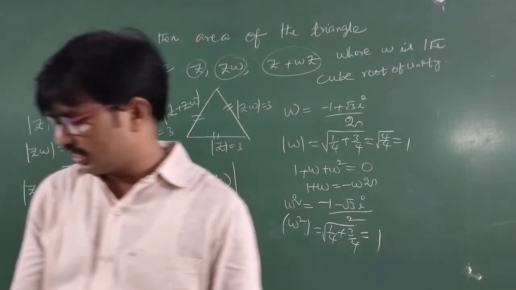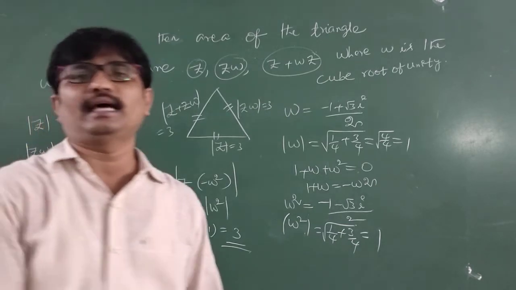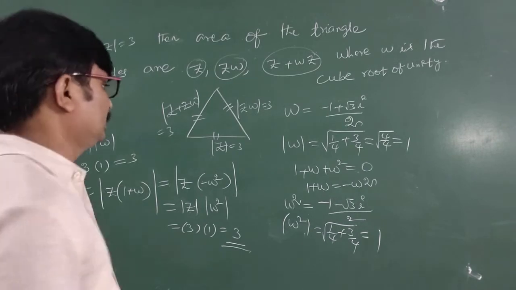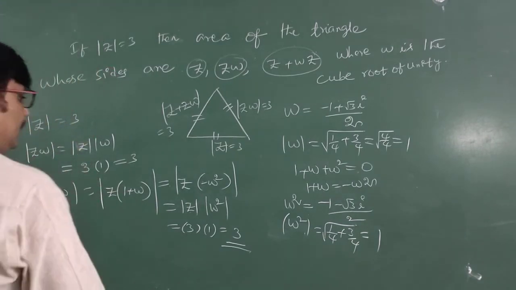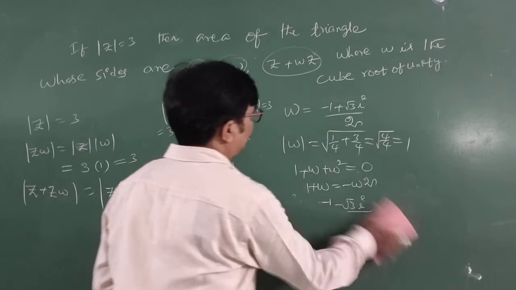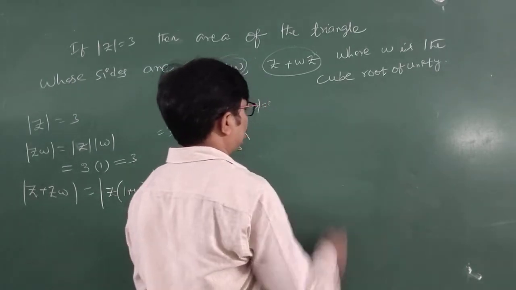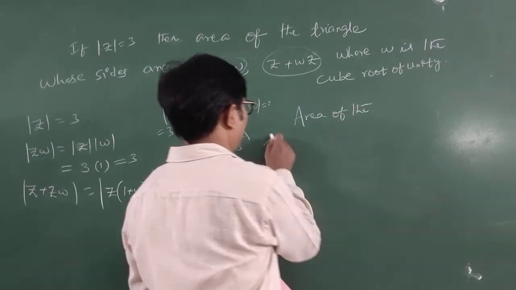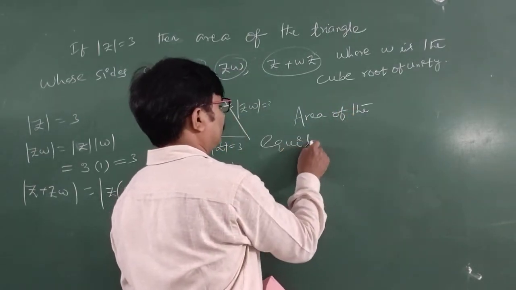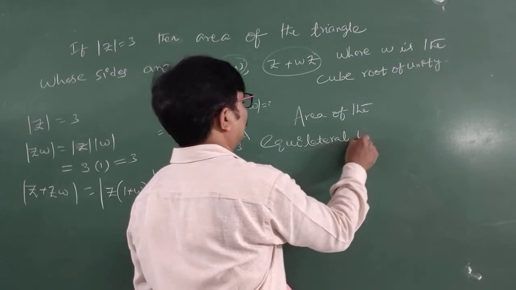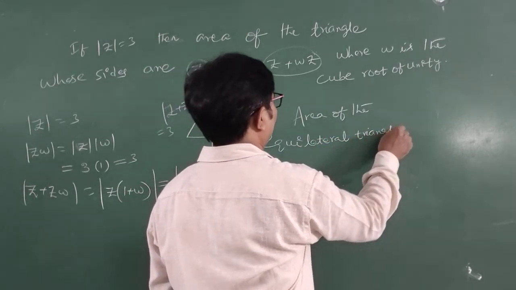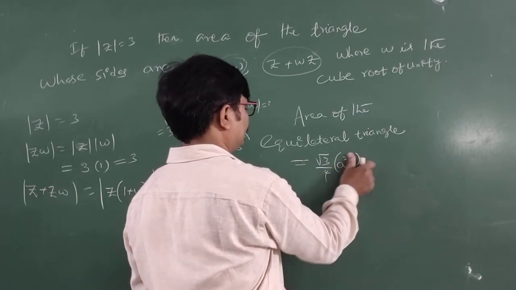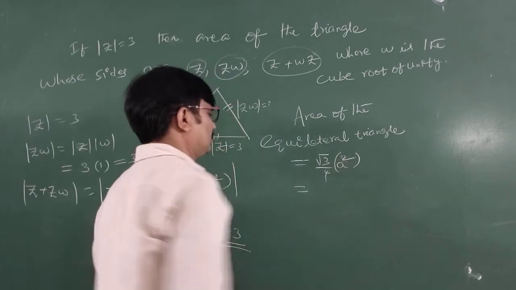So, dear students, the area of an equilateral triangle whose side is a is root 3 by 4 a square, where a is the length of the side.